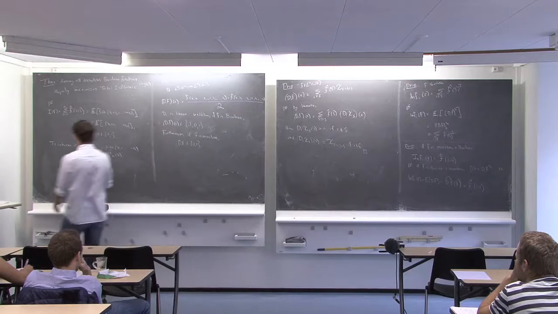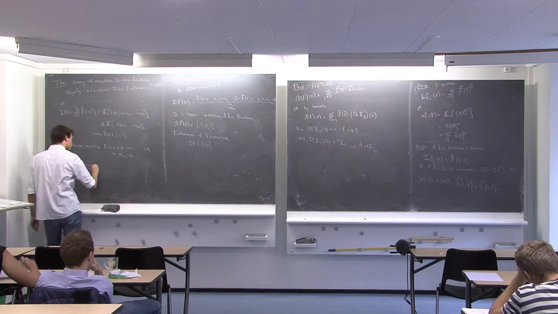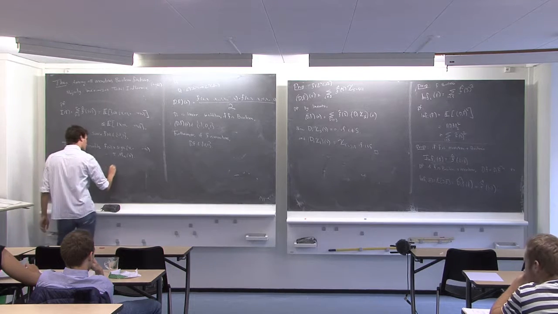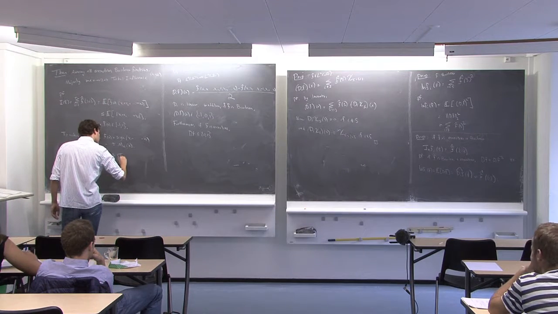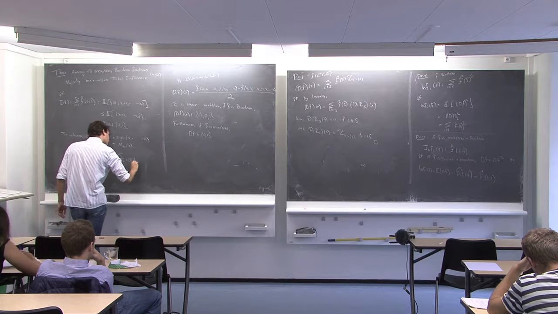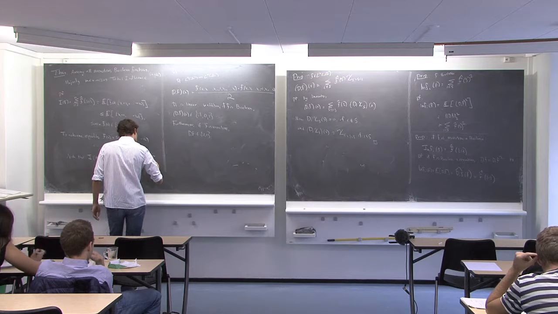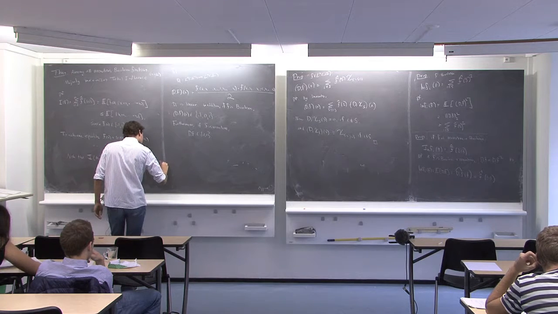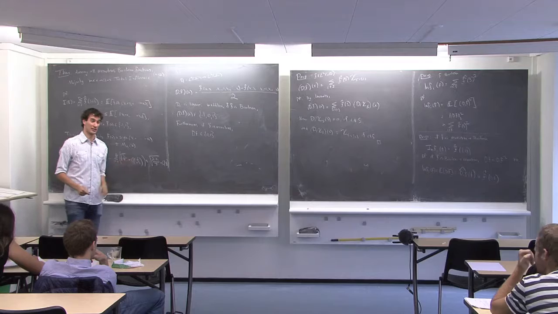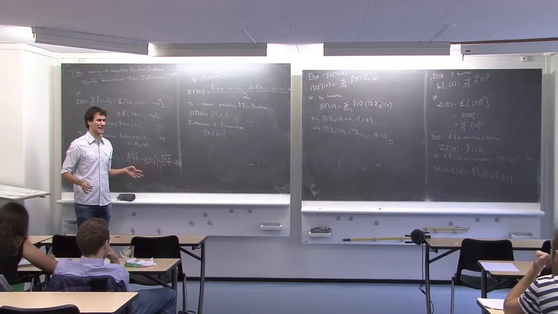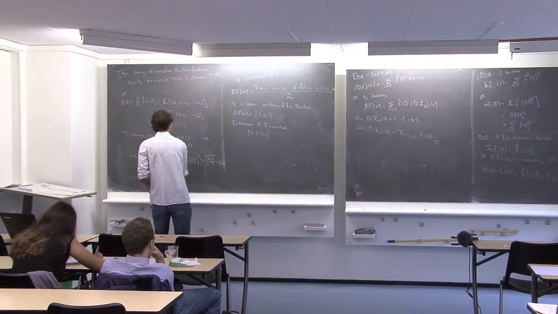So note that the total influence of majority n is equal to the sum from i equals 1 to n, of order square root of n. And in fact, we get the correct constant. I don't actually know any case where you really care about the correct constant, but it's nice to have the actual correct constant up there.